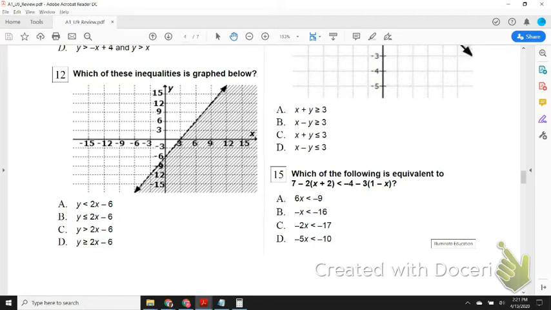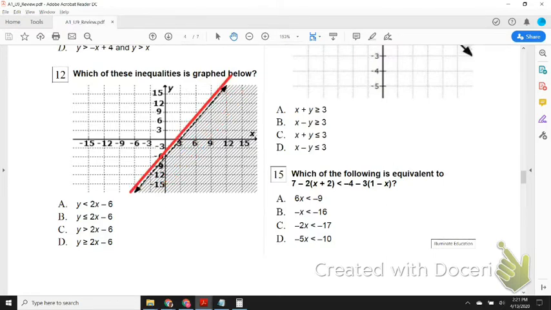Remember, if you're still stuck on how to shade below or above, you're just going to put your pencil literally on top of that line and ask yourself if you can move that pencil down below the line like I have there. I just moved it down, or should I move it up? If I moved it down, that's where the shading is. That's going to be less than.